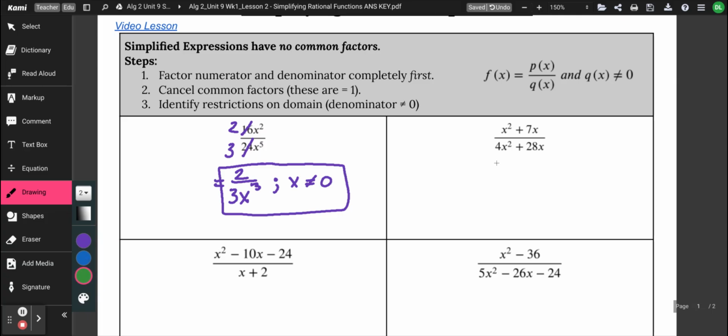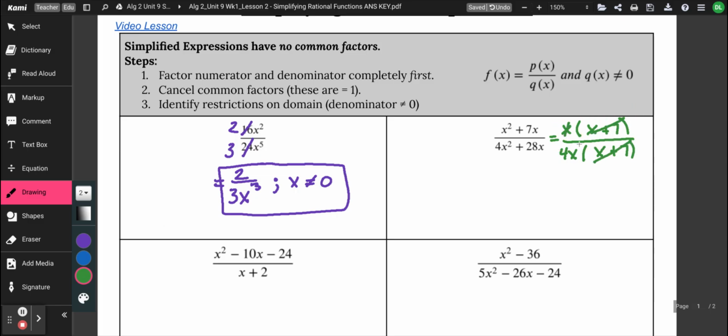The next one, here we do have to factor. And so in the numerator, I can factor out an x, and I'm left with x plus 7 inside my parentheses. And in the denominator, I can factor out a 4x, and I am left with x plus 7 in the denominator. Notice I have that in both, so we can cancel those.